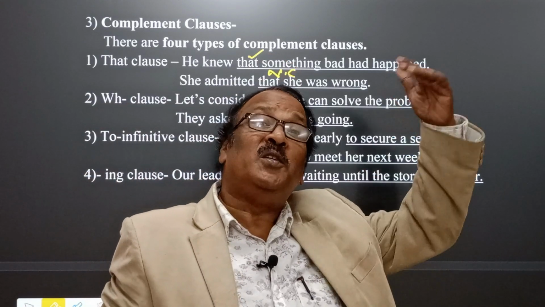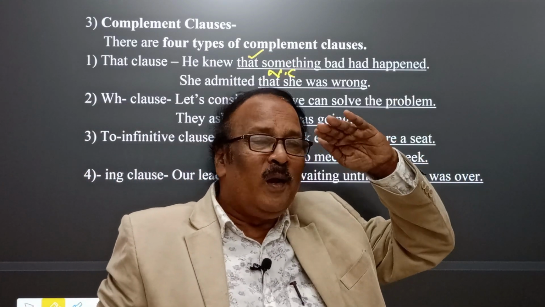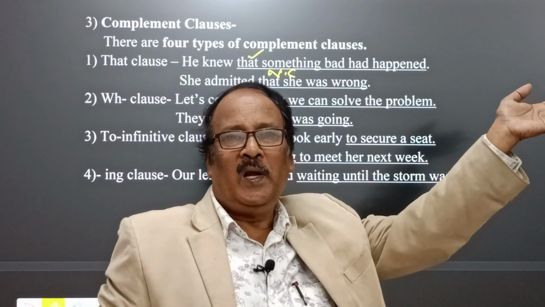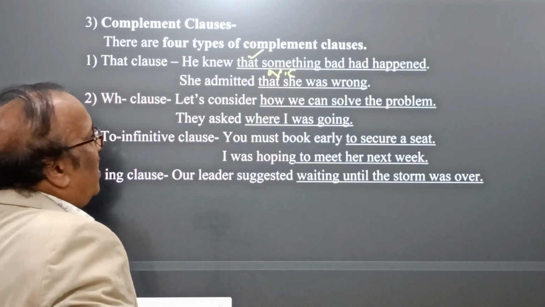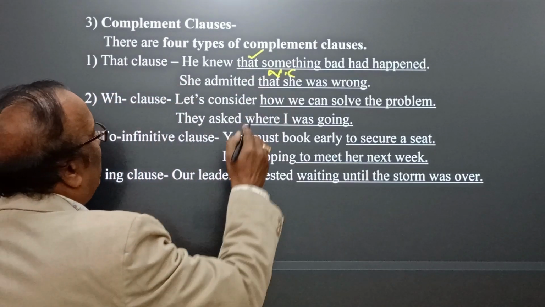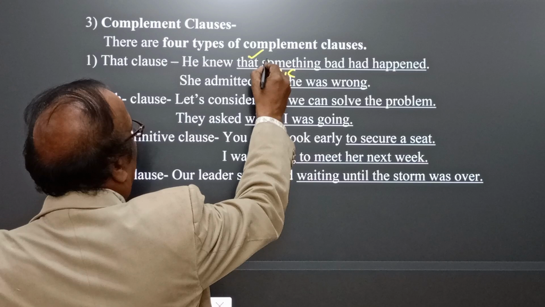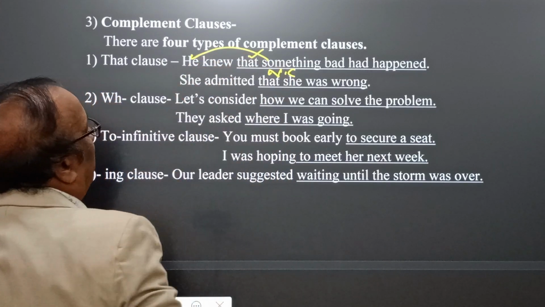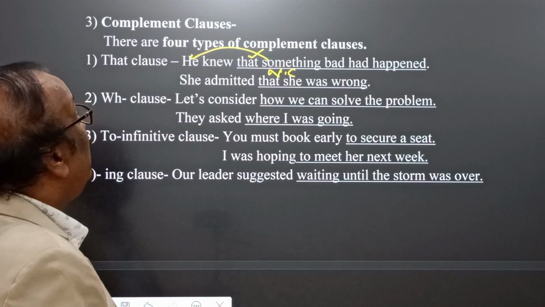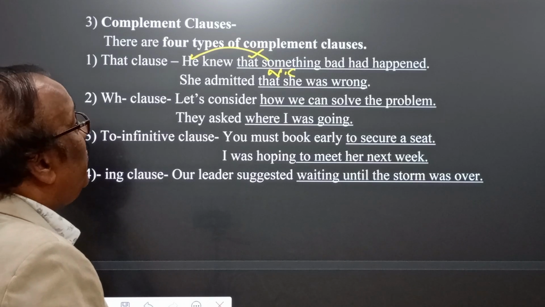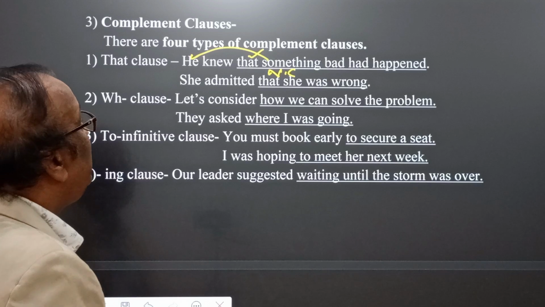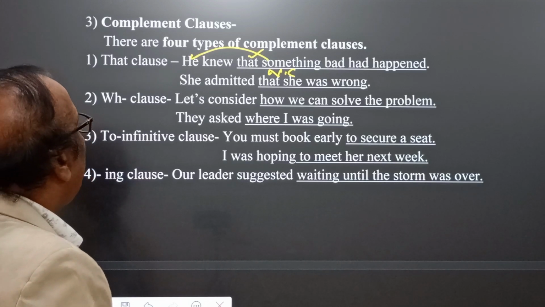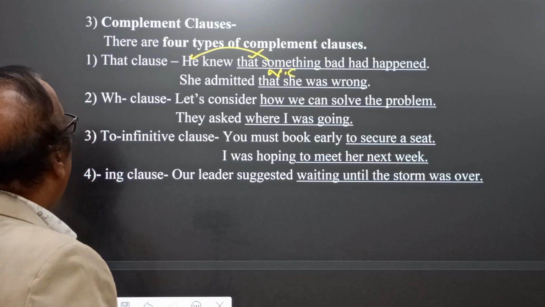It will be discussed very clearly in subsequent classes. We will discuss all this, but here we find that something bad had happened qualifies that. Here we find he knew that something bad had happened. Here we find that it gives a complete idea about the sentence again.